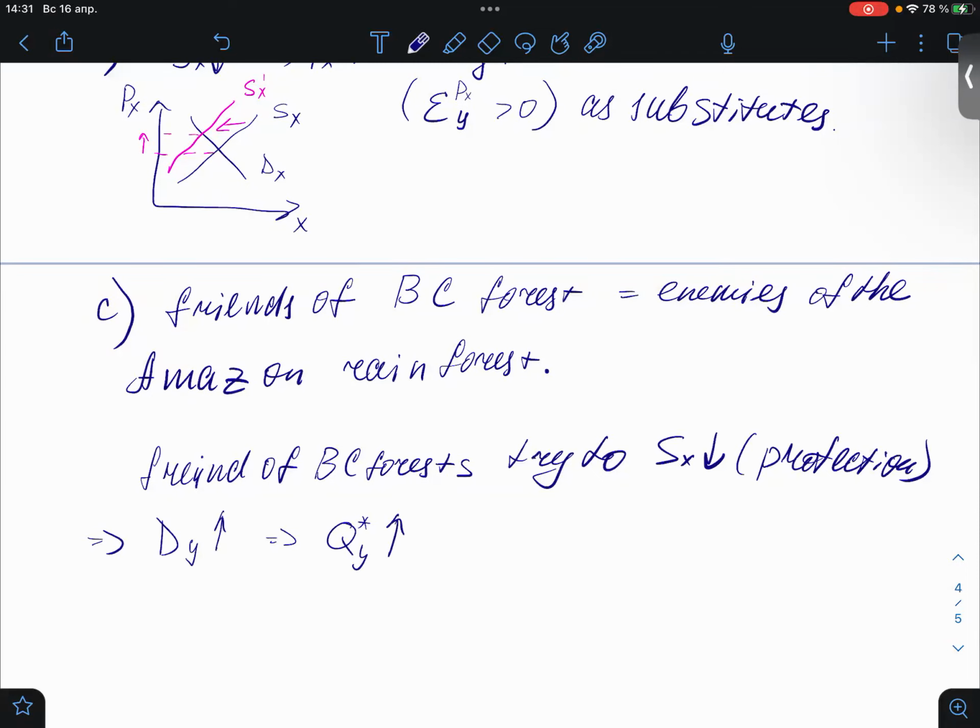So it's bad for the Amazon rainforest, because a bigger area of such forest will be cut. So this is bad for the Amazon rainforest.